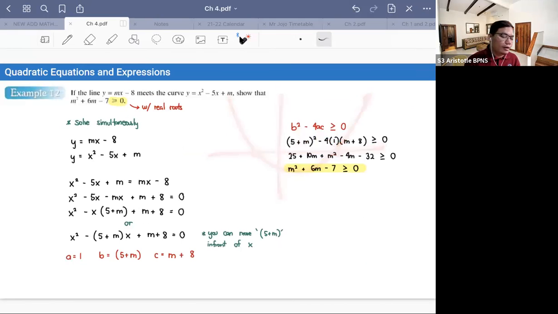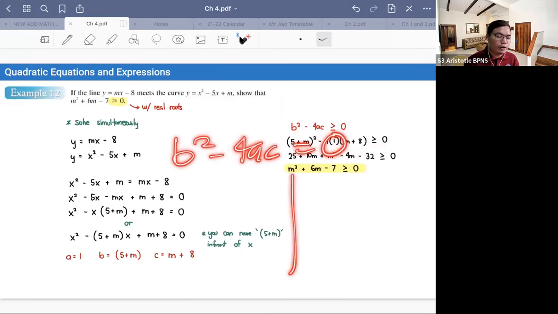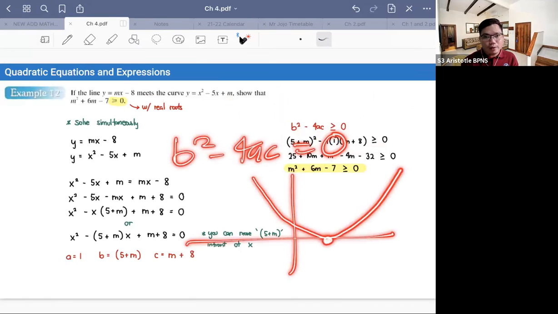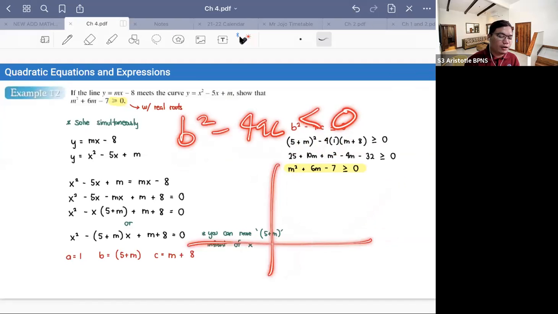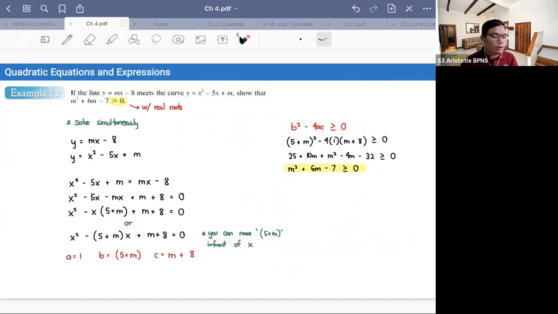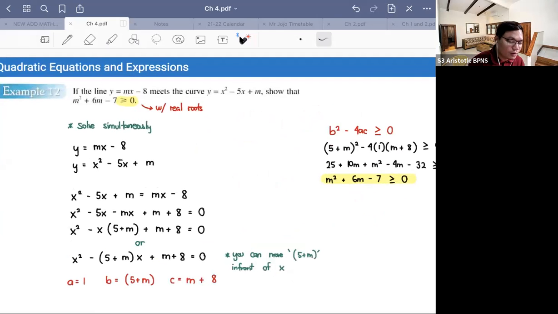If your discriminant is equal to 0, the curve intersects the x-axis at only 1 point. And if your discriminant is less than 0 or negative, the curve doesn't even touch the x-axis. So in here, we are going to talk about curves and lines.